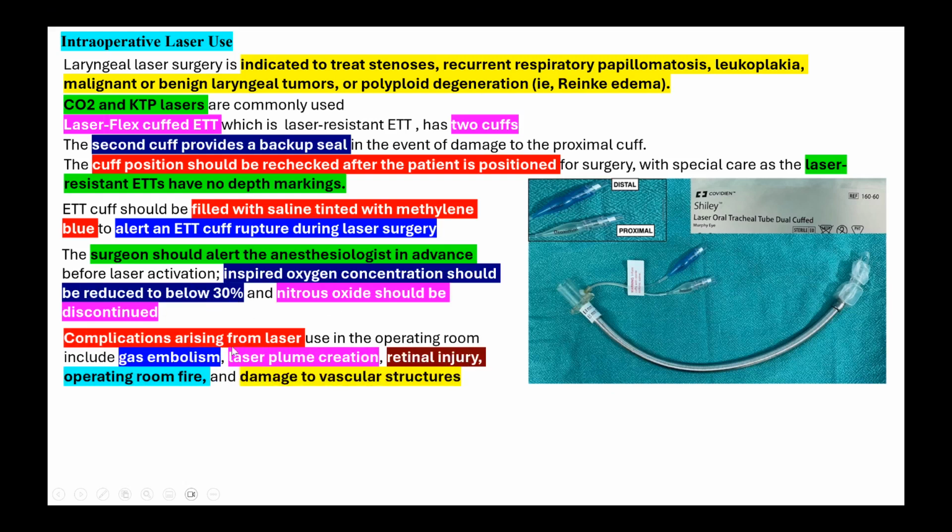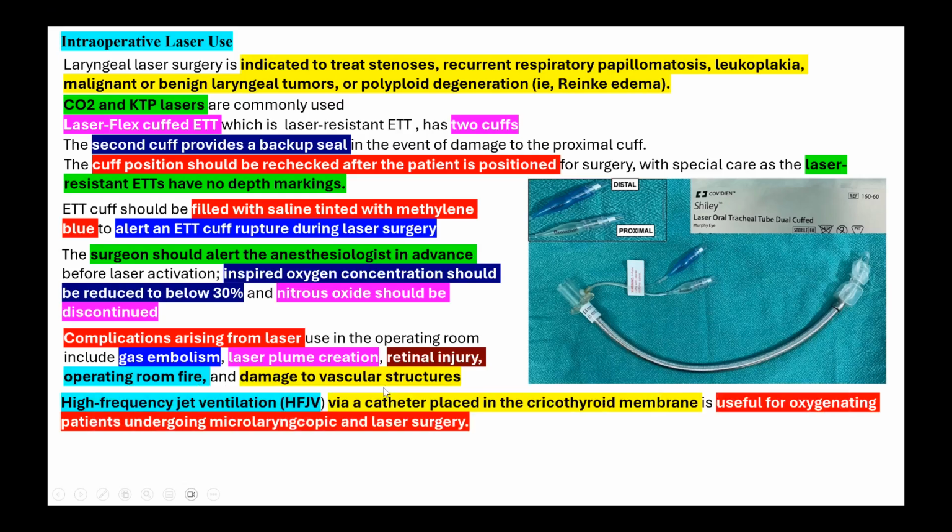Complications arising from laser can be gas embolism, laser plume creation, and retinal injury. So all surgeons, patients, and other paramedics working in the theater should wear goggles. Operating room fire can happen and damage to vascular structures can happen.